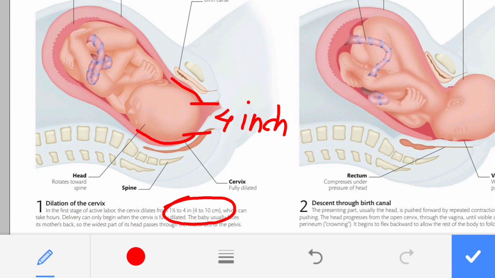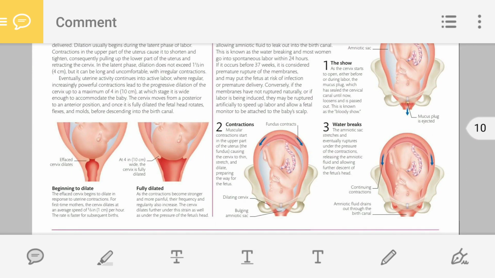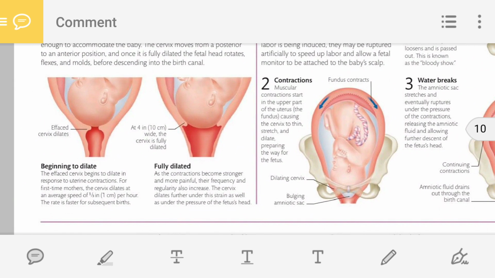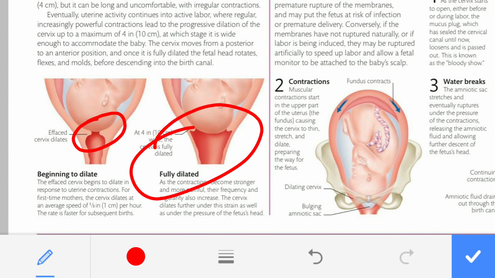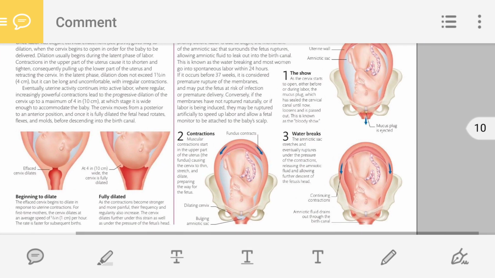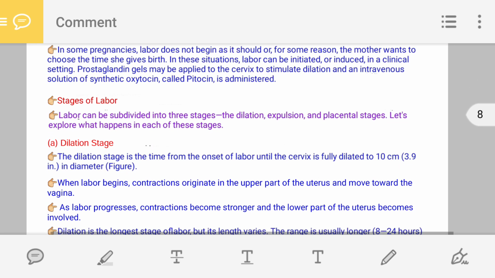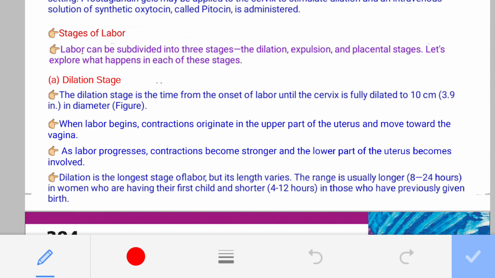So we can say the cervix is dilated now. With this figure you can see this is the beginning of the dilation, and here you can see the cervix is fully dilated. So this was the first point, that the cervix is fully dilated.